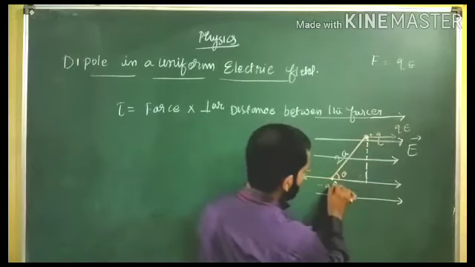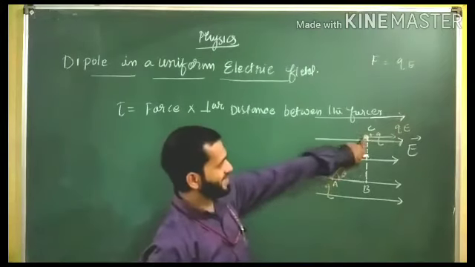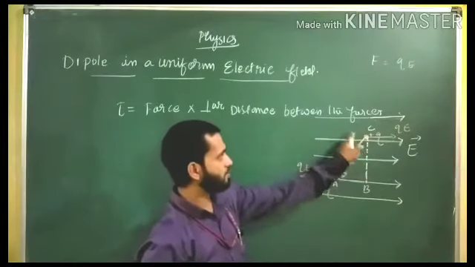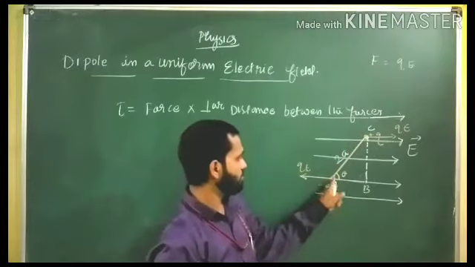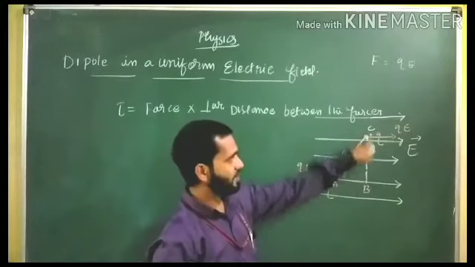We name this triangle ABC. Now see, this BC is the perpendicular distance between these two forces.